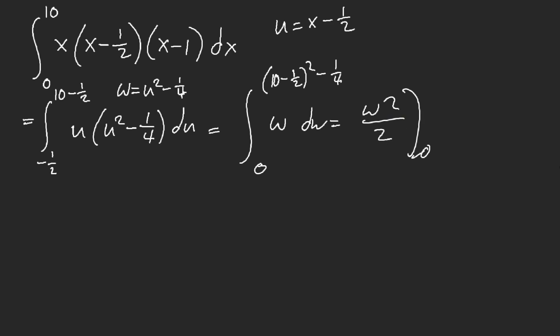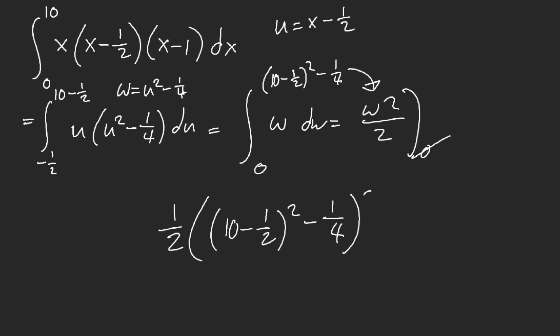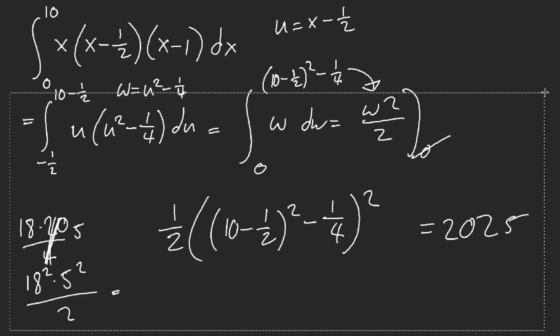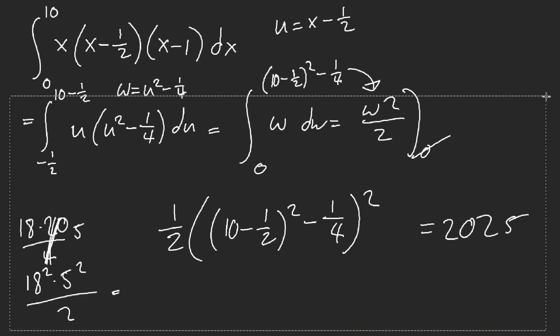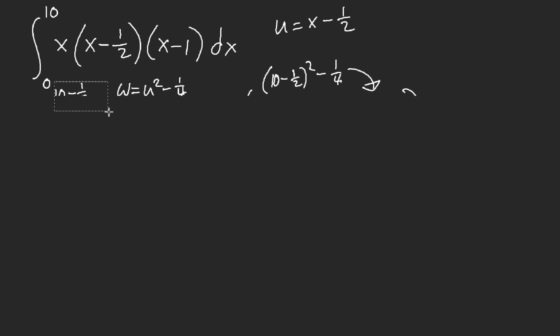The 0 we don't have to worry about, but this part is nasty. We have 10 minus a half squared minus 1/4 squared, which I believe should come out as 2025. But I didn't do that, you see? So that's the trap that I fell into. You want to avoid this at all costs.